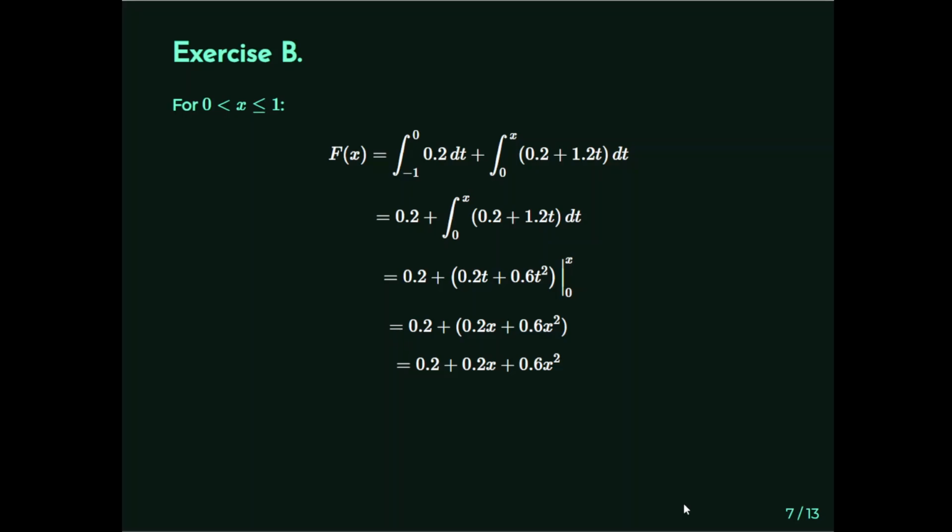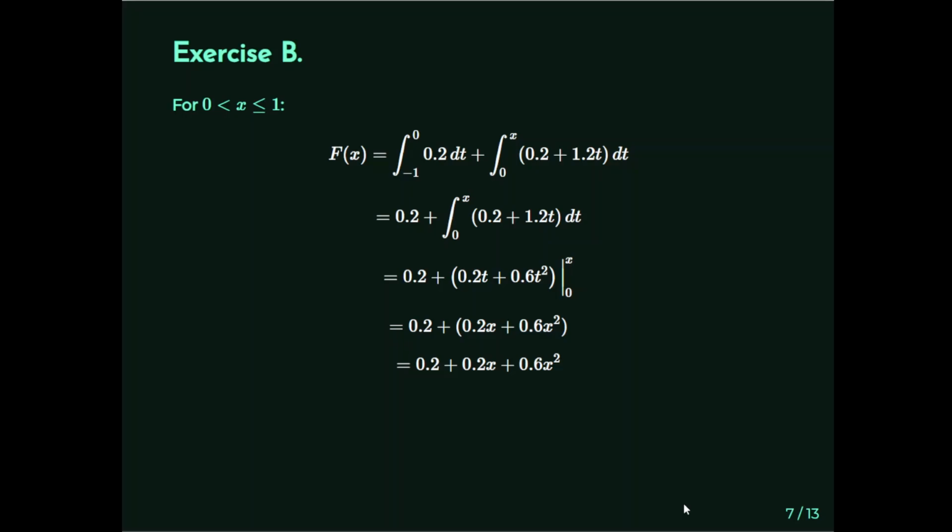It evaluates to 0.2. So essentially what we have to do is evaluate between 0 and x, and we have to evaluate the probability density function in the positive region. That is 0.2 plus 1.2 times t. So when we evaluate that between 0 and x, that will give us the cumulative distribution function component for the positive region. Again, component, it's not the full expression. We do have to include the negative component there, as that will give us the proper cumulative distribution function.